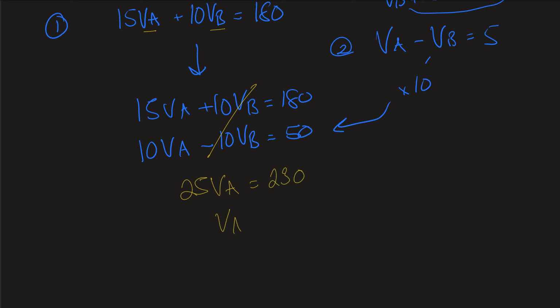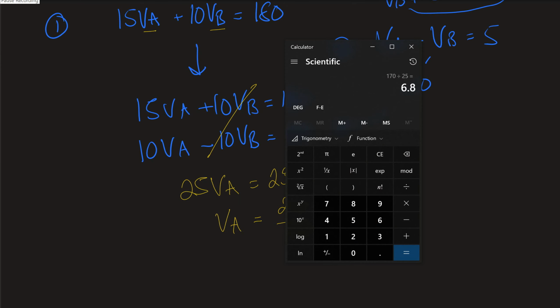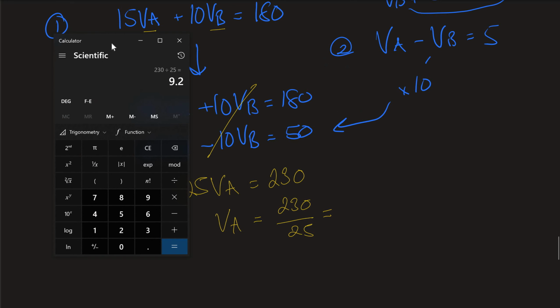Therefore, VA is equal to 230 divided by 25, which is, calculator please, 9.2.